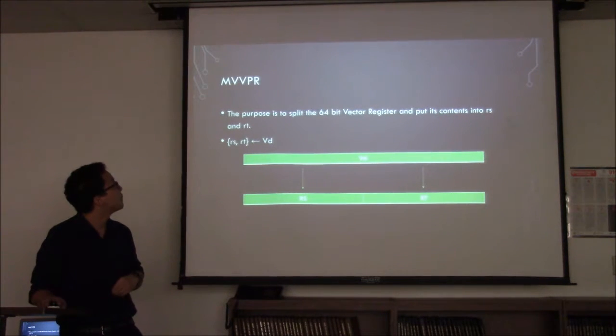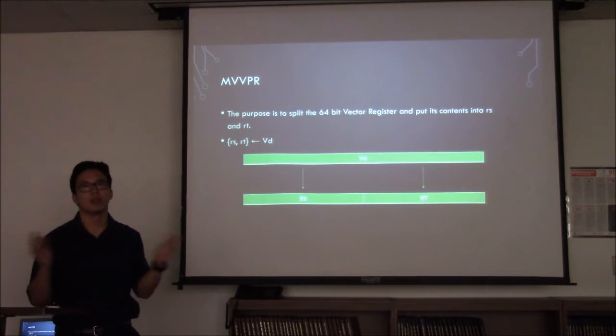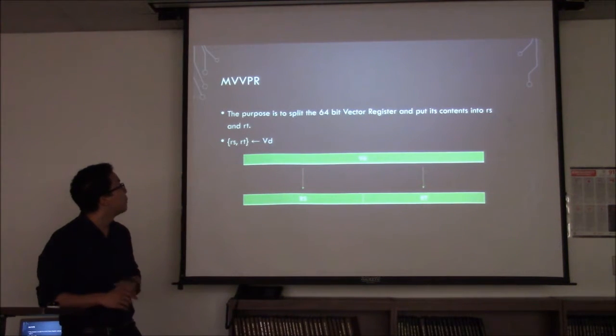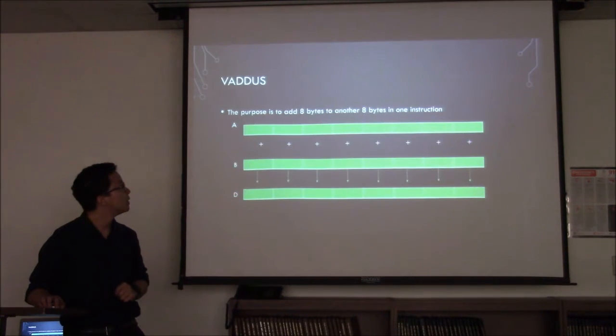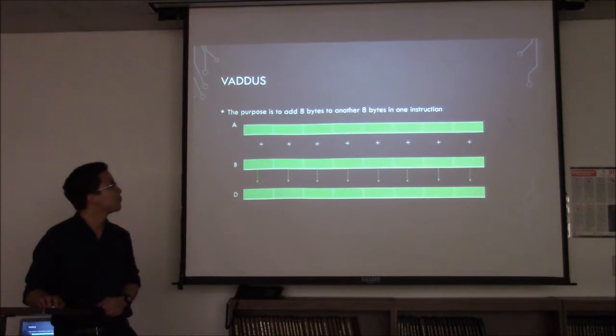And then move vector, vector purpose register splits the 64-bit value into two 32 bits and stores them into RS and RT. Do you recall how many steps that took? This took two. Just two states to do that? Yeah. If I had a 64-bit data bus, I think I could do it in one. But it took two.